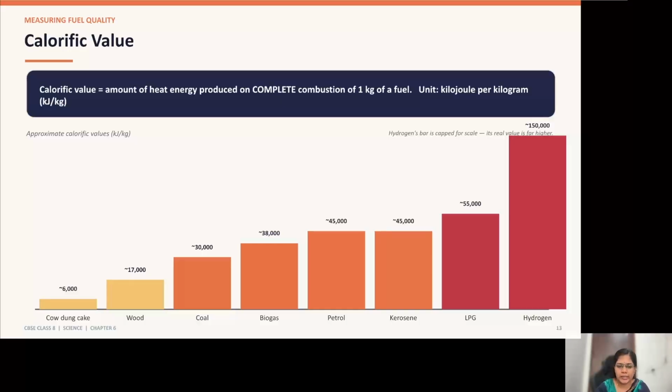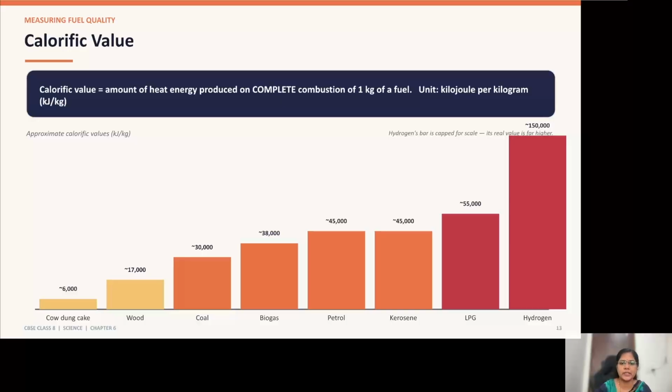So when you look at this graph, you can understand that cow dung cake and wood are traditional biomass fuels with comparatively low calorific value, which is a part of why so much firewood or dung is needed to cook a meal compared to the small LPG cylinder.